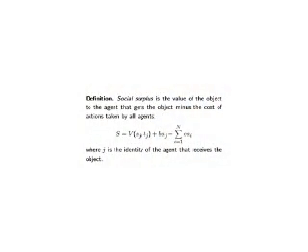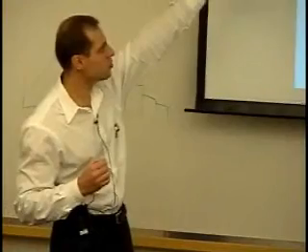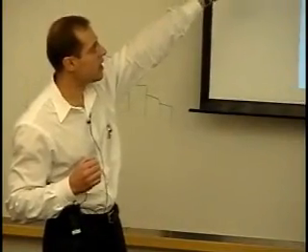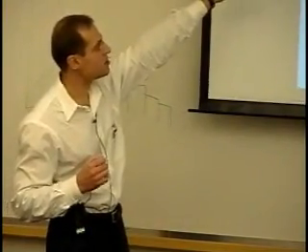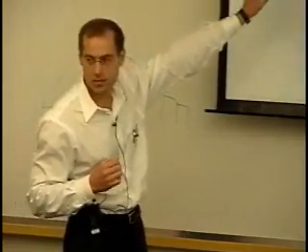So let me define what I mean by efficiency, because I'm sure this is the question that pops up in your mind. Social surplus is the value of the object to the agent that gets the object minus the cost of actions taken by all agents.